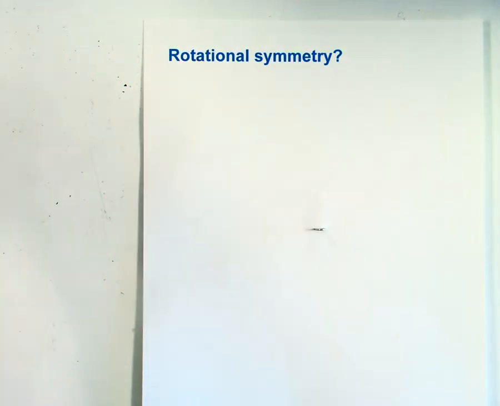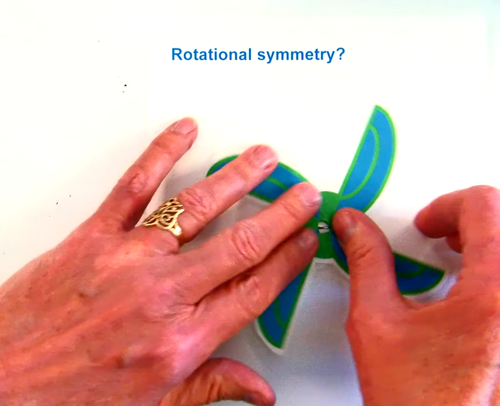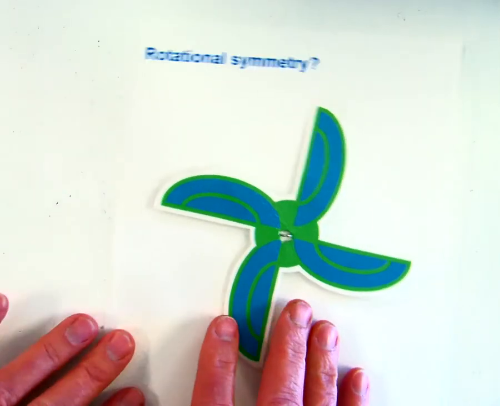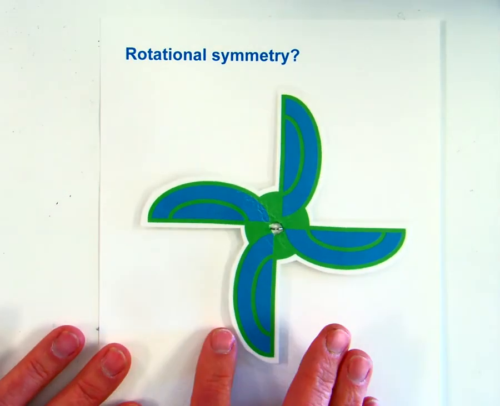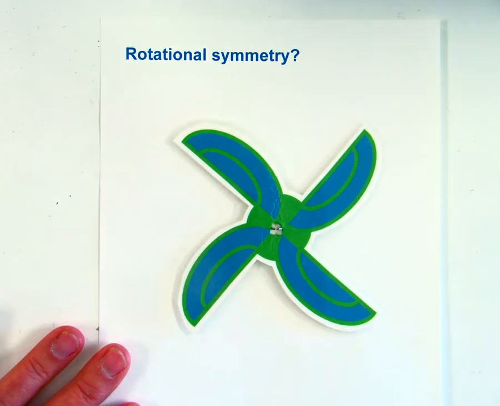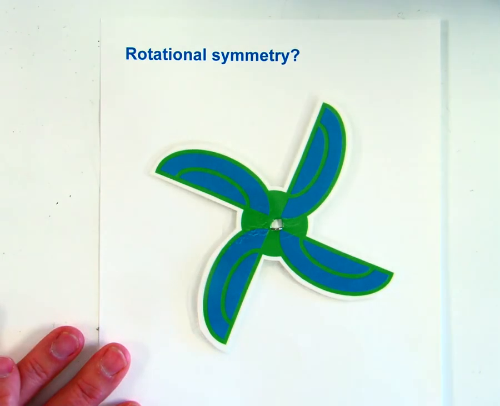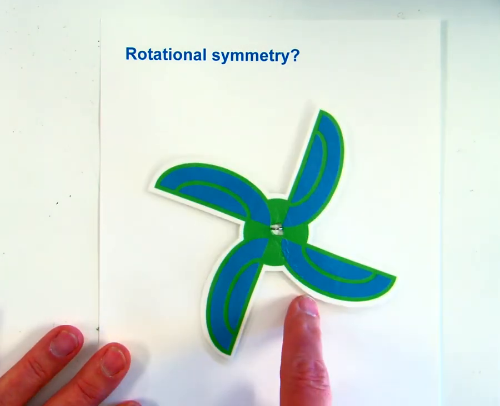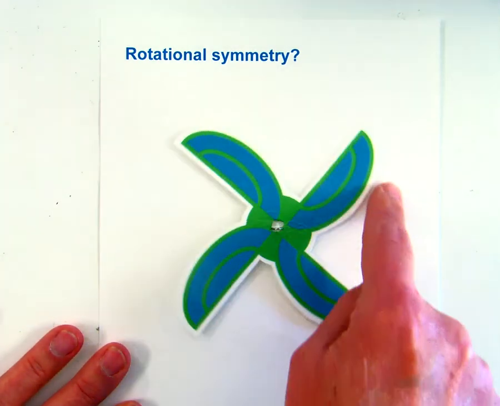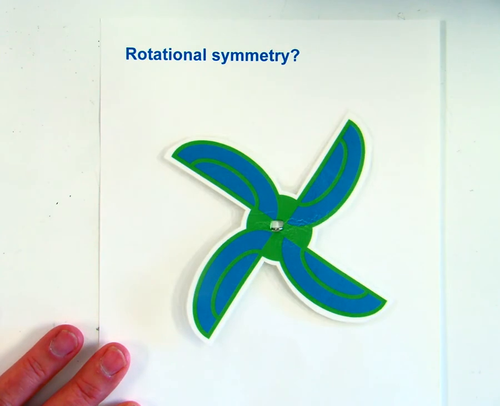Okay, there's my little fan, and here we can see it. Say if I want to start with it like this, it doesn't matter which way I start with it. If I start like that and I rotate it 90, it looks the same. I rotate another 90, it looks the same. I rotate another 90, it looks the same.